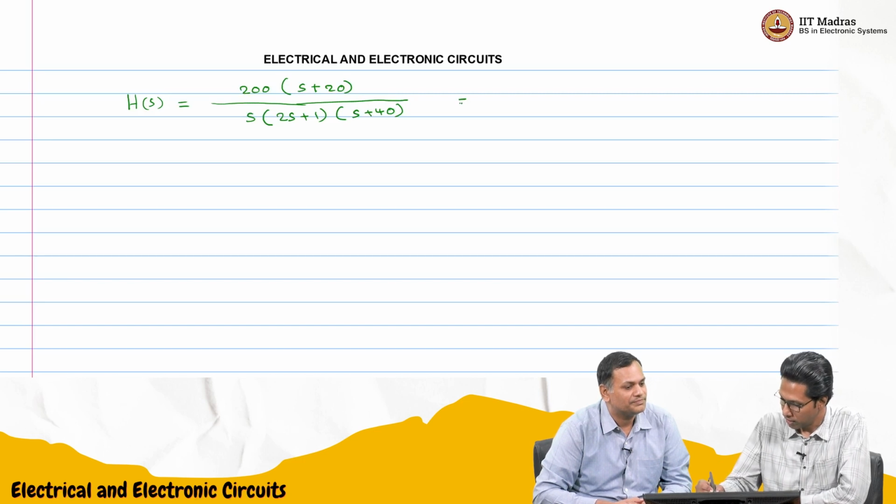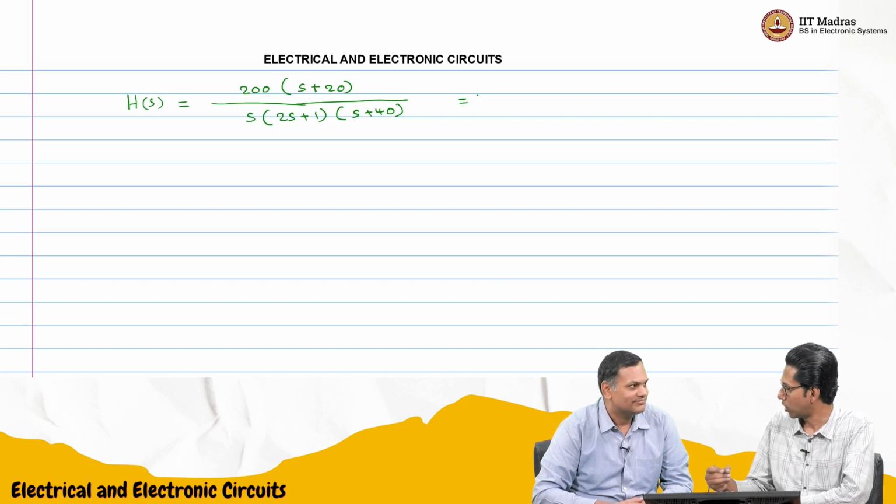The first step would be to write it in the form 1 plus s by z1.